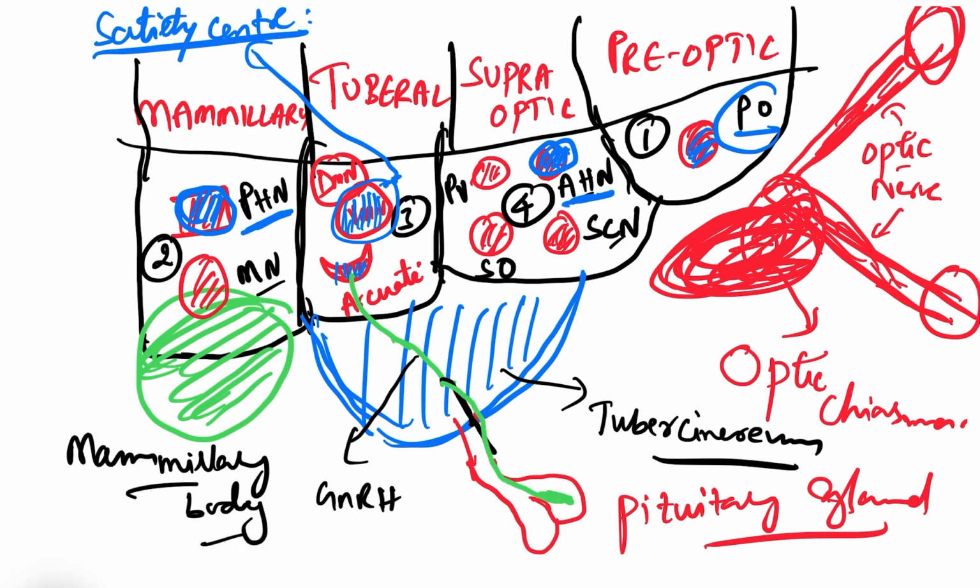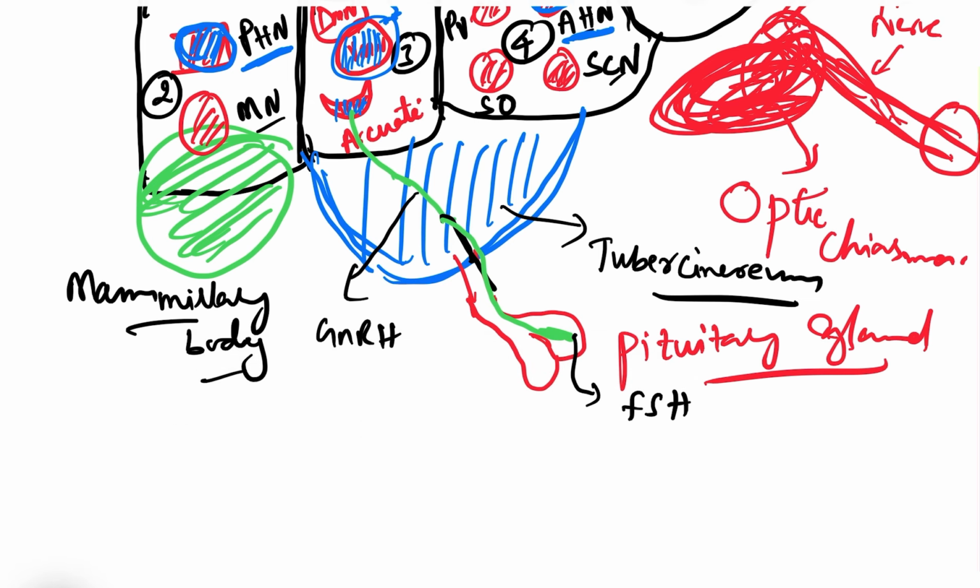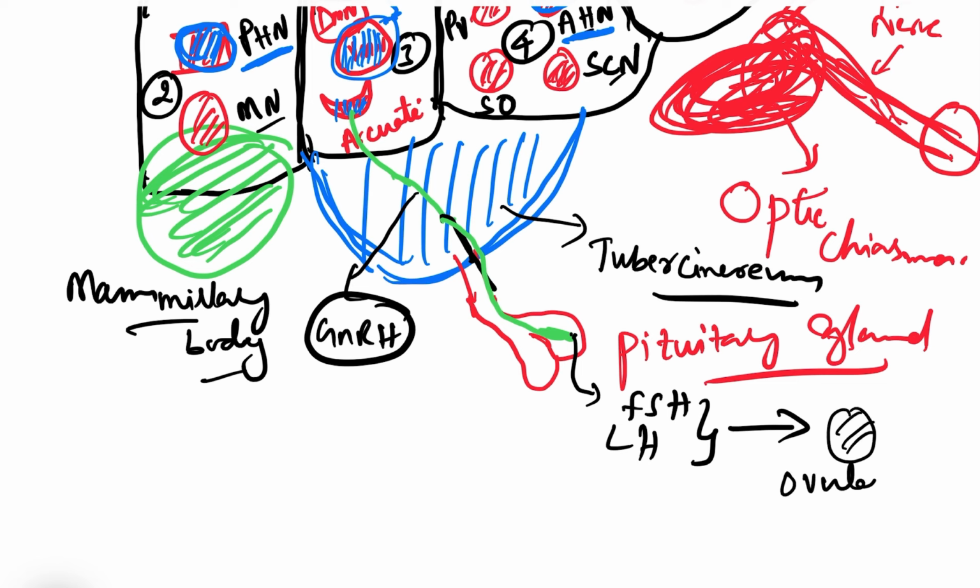From this anterior pituitary gland two important hormones are released, that is FSH and LH. So this FSH and LH is under the control of this GnRH, and GnRH is produced by this tuberal region arcuate nucleus. And this FSH and LH ultimately will act on the ovaries, to maintain the ovulation and also the release of estrogen and progesterone.